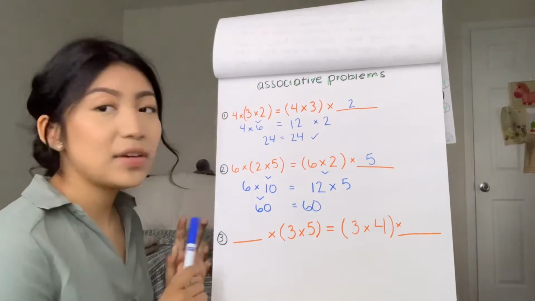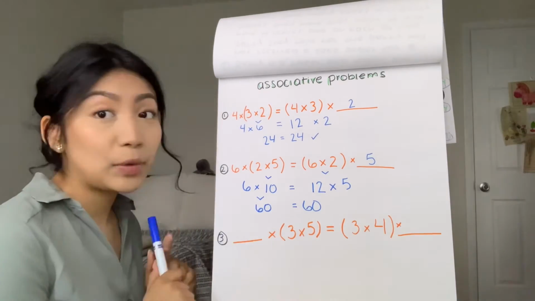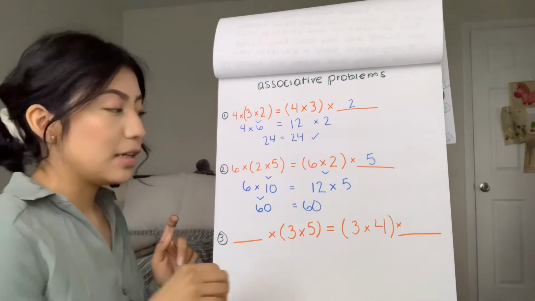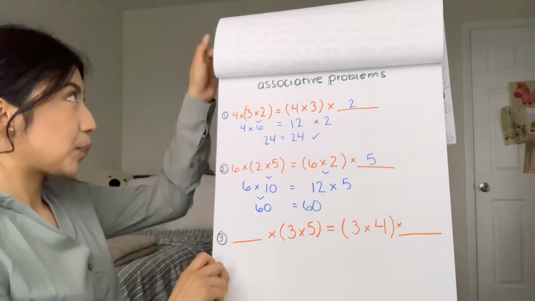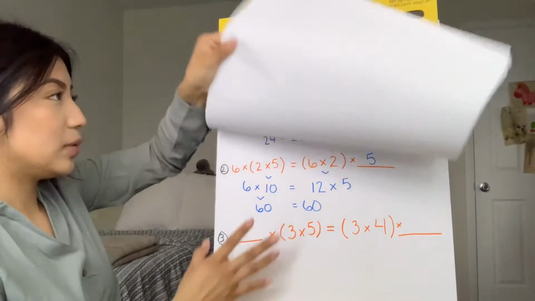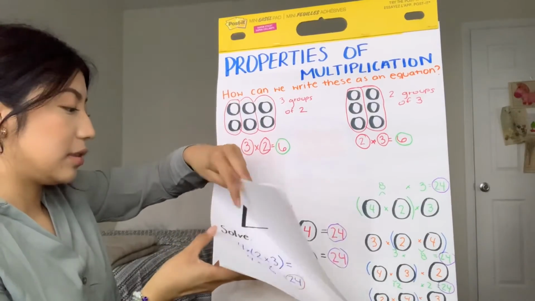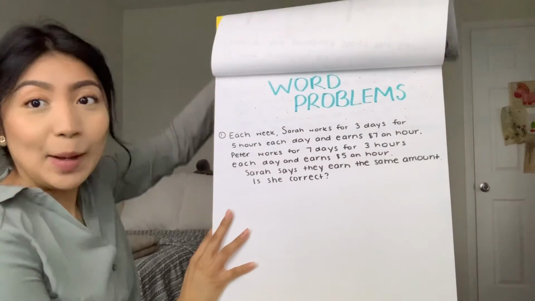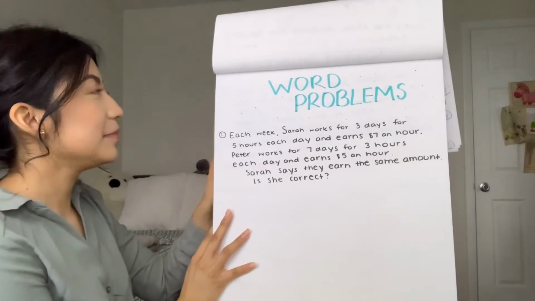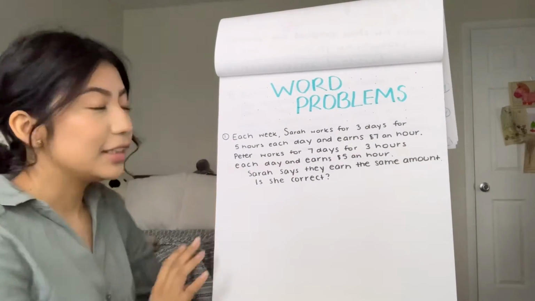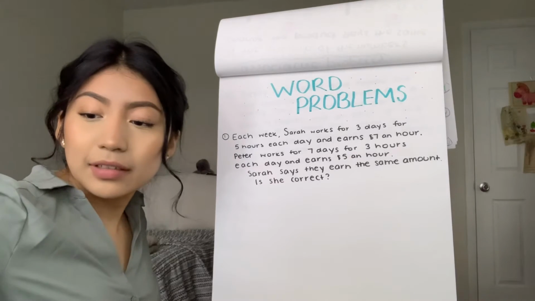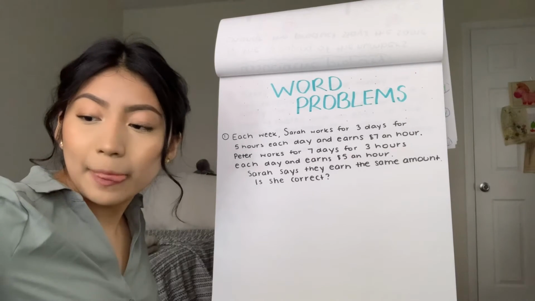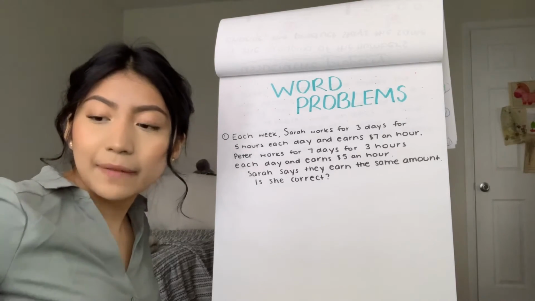All right, so now that you guys got a hang of that, we're gonna move on to the next one, okay? Because now we're actually gonna be doing some word problems, okay? So let's see here. All right, so let's look.